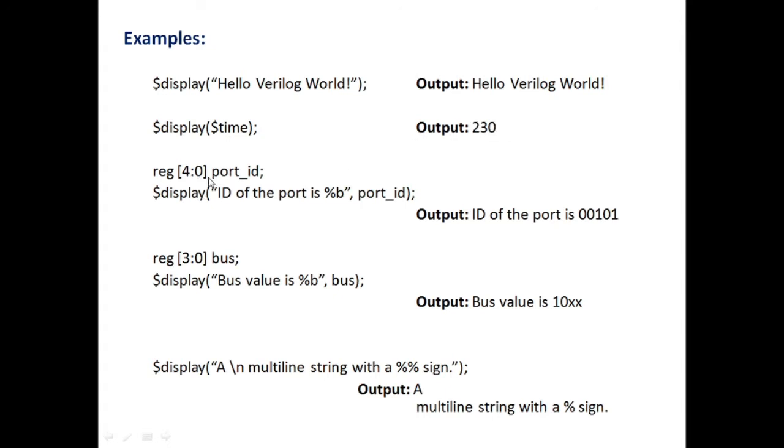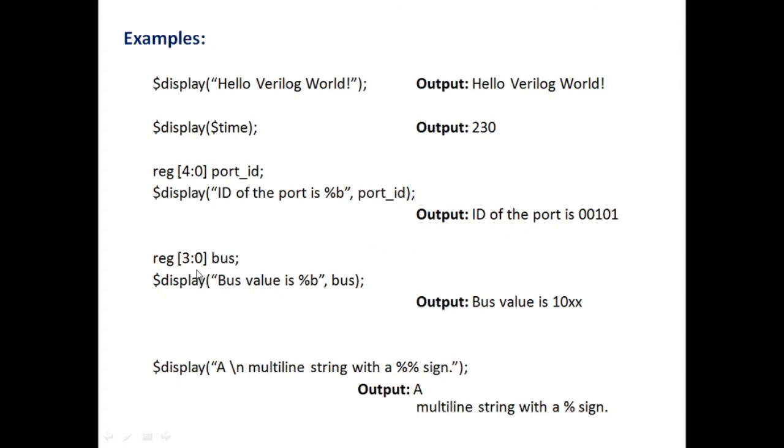And reg 4 down to 0 port id, $display id of the port is percentile b. That means this port id is a variable, and I have to see this port id variable in binary format, so I am specifying it by using the format specifier percentile b.